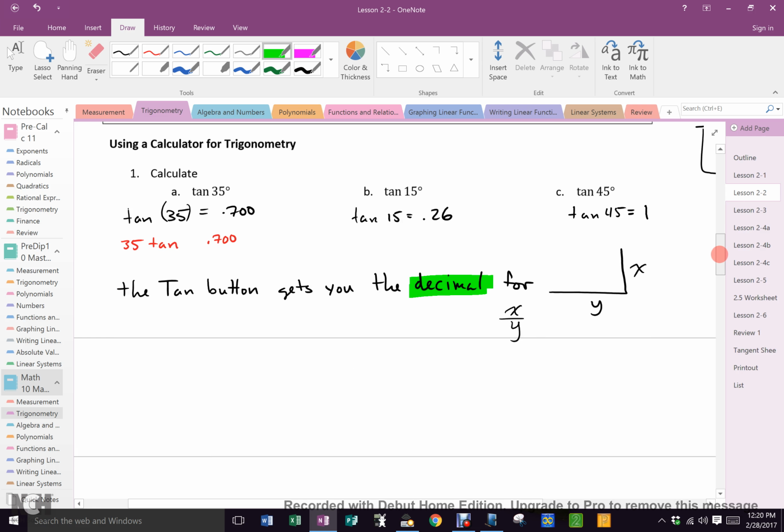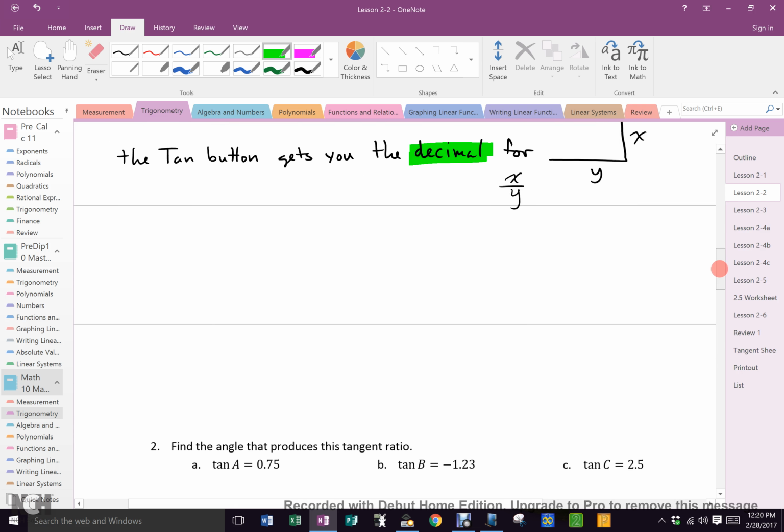Turn the page over. Now, read question 2 and tell me what is different. I'm supposed to find the angle, and I already have the decimal, right? So, you know that the tan button gets you the decimal, right? But I already have the decimal, so I must need to reverse this, yes? Look closely on your calculator.